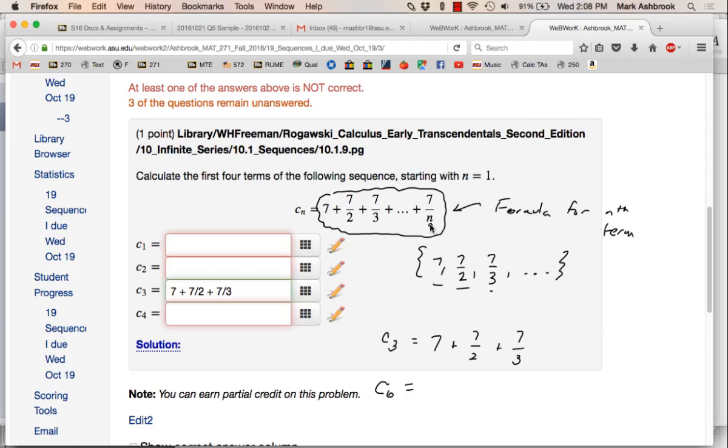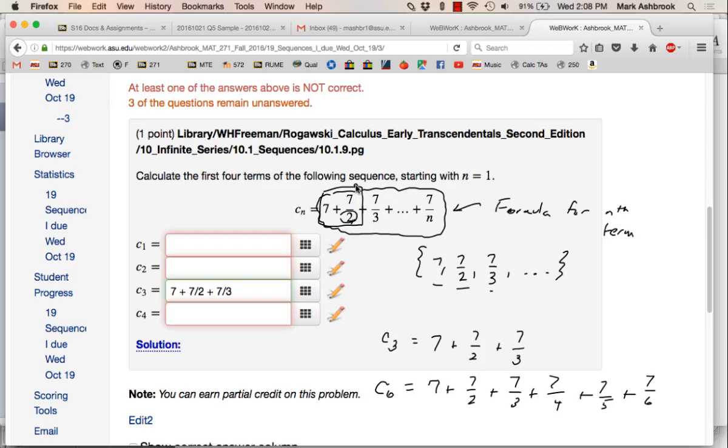You plug 6 in for n. So you're going to have 7 plus 7 over 2 plus 7 over 3 plus 4, 5, and you're going to stop when you get to 7 over 6. So that's the 6th term. So for n equals 2, you would just stop there, because that's where n equals 2. So you would just have that much of it for n equals 2.